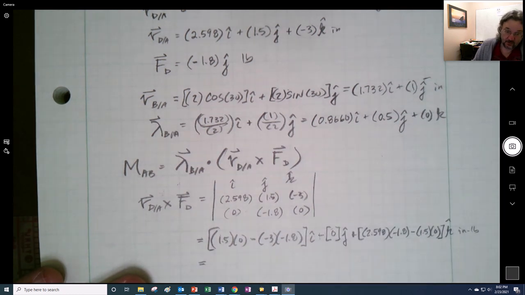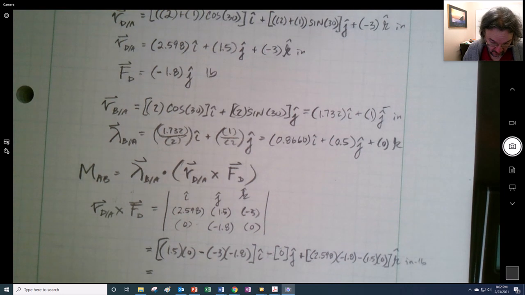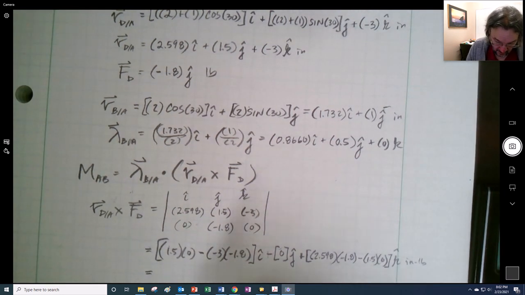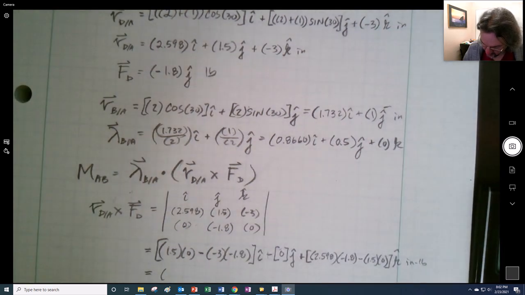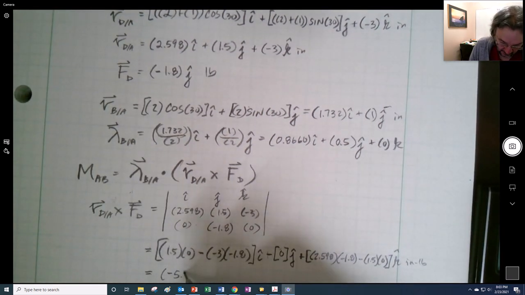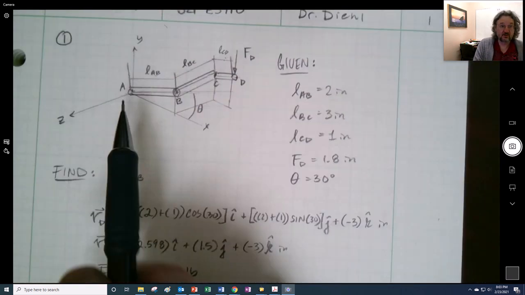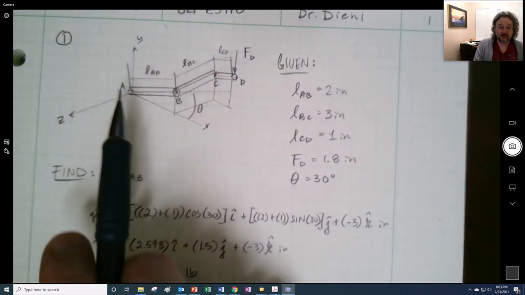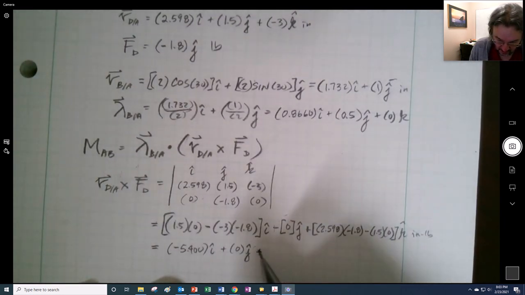And so what we're going to find right here is negative 3 times 1.8, boom, a negative 5.4 I plus 0J right there, which kind of makes sense. There's no reason why it would be spinning around the y-axis, so that makes sense. That's not going to cause a moment there.